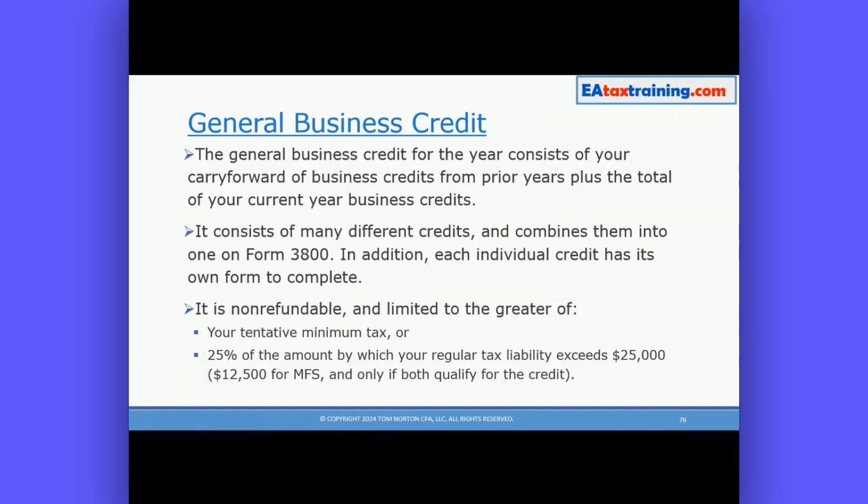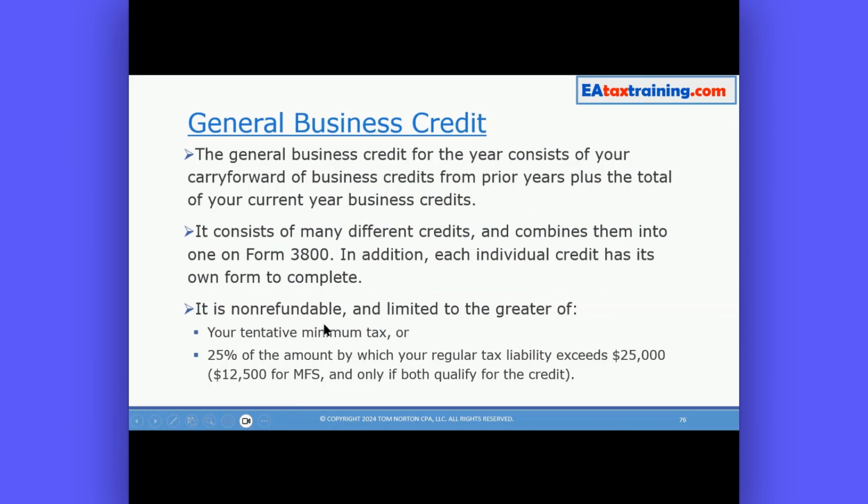And the general business credit is a whole bunch of different credits that are all combined into this one GBC, general business credit, and they were reported on Form 3800. In addition, each individual credit has its own form to complete. So when you have these, you're going to complete a form for whichever individual credit you have, and you're going to complete this Form 3800 for the general business credit.